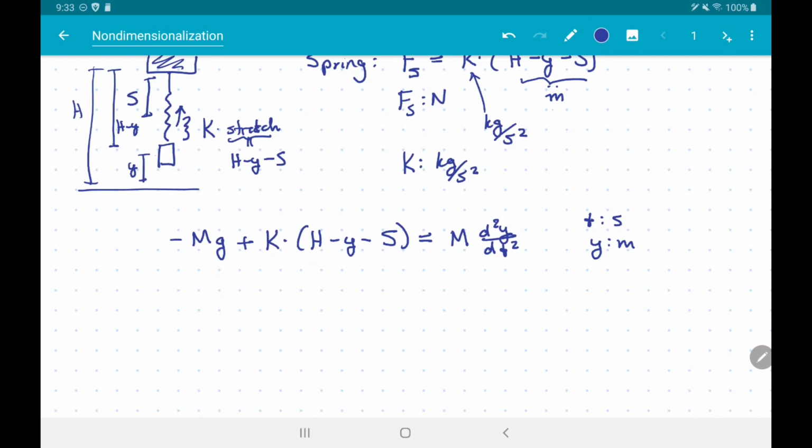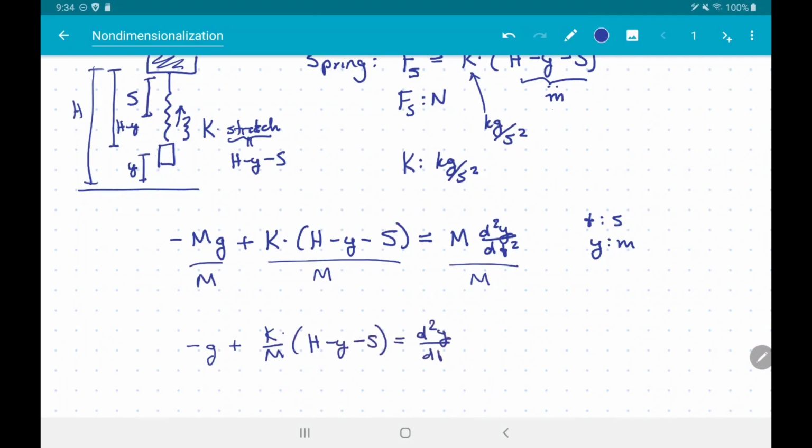So first thing I'm going to do is divide through by m. That gives me minus g plus k over m times h minus y minus s equals d squared y over dt squared.